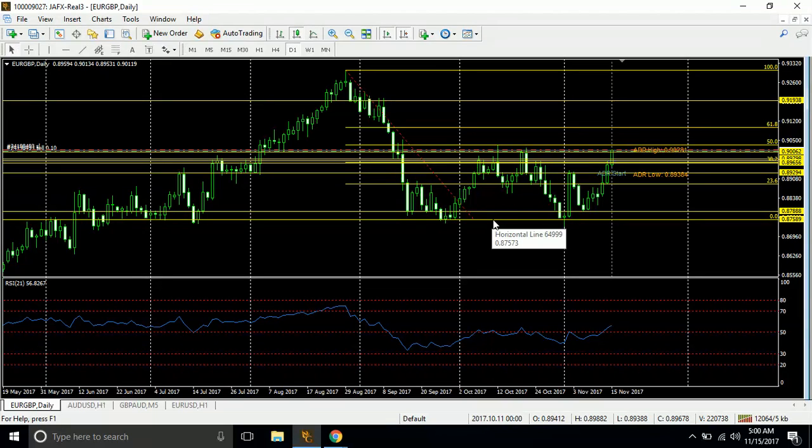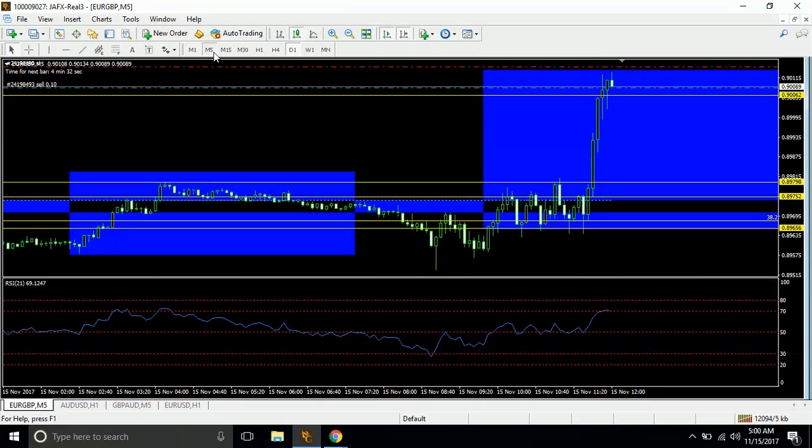Our main reversal levels are going to be at 38.2, the 50, and the 61.8, with the 61.8 and the 50 being the strongest, the most precise reversal levels.